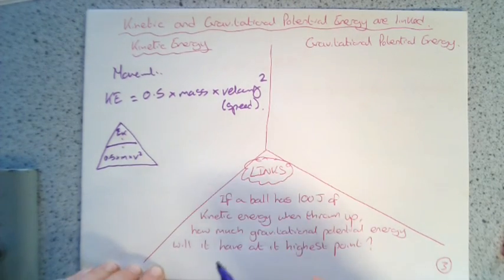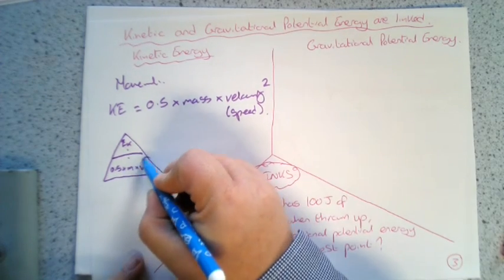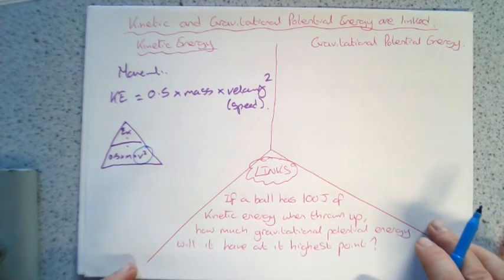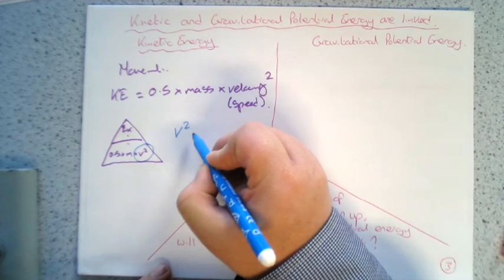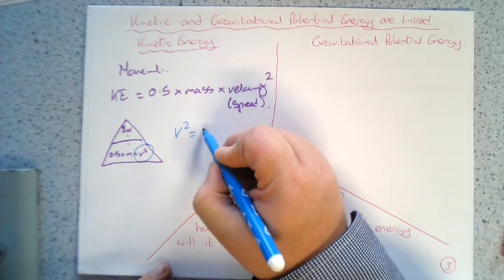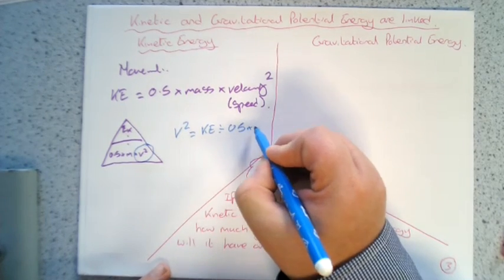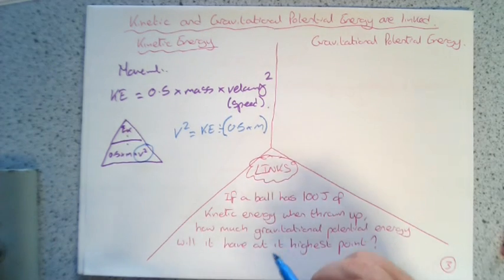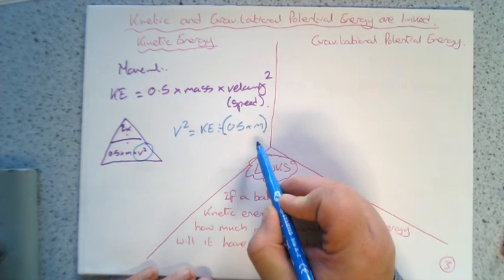Now, one of the questions I could ask you tomorrow is to actually calculate velocity or speed. What I want you to remember is that when we rearrange this equation, v squared equals kinetic energy divided by 0.5 times the mass. And if you notice, I'm using my maths conventions there, and I'm using my brackets because I would do this first.